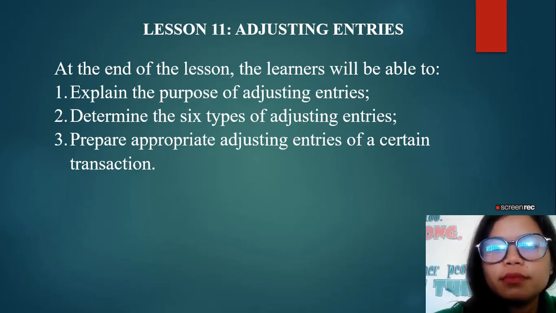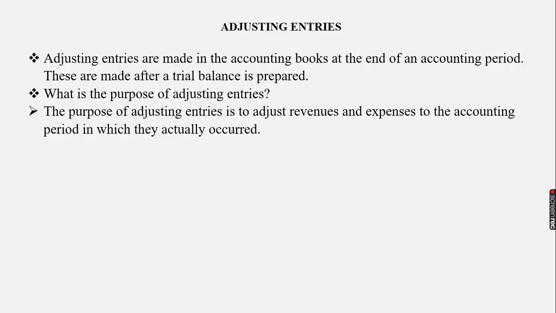Now, what are adjusting entries? Adjusting entries are made in the accounting books at the end of the accounting period. Okay? These are made after a trial balance is prepared. Sabi ko nga kanina, ginagawa yan after a trial balance. And then, pag na-insert mo na yung mga adjusting entries na yan, ang tawag na dyan is adjusted trial balance.